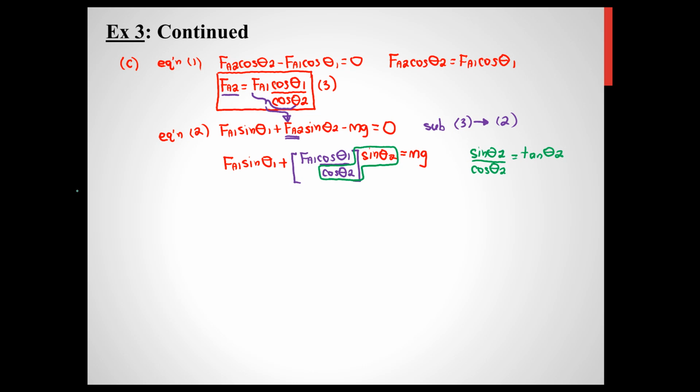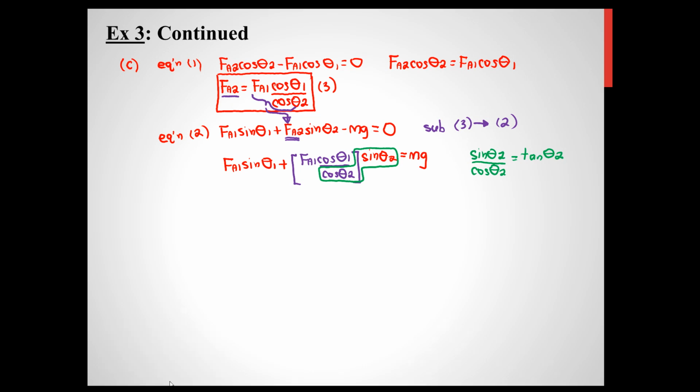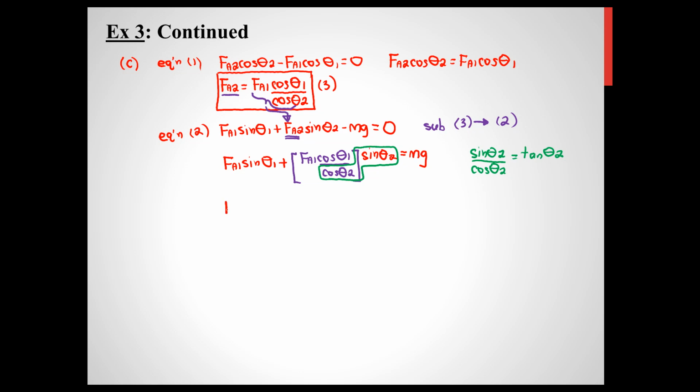So let's rewrite this equation now. So this would then become FA1 sine theta 1 plus FA1 cosine theta 1.